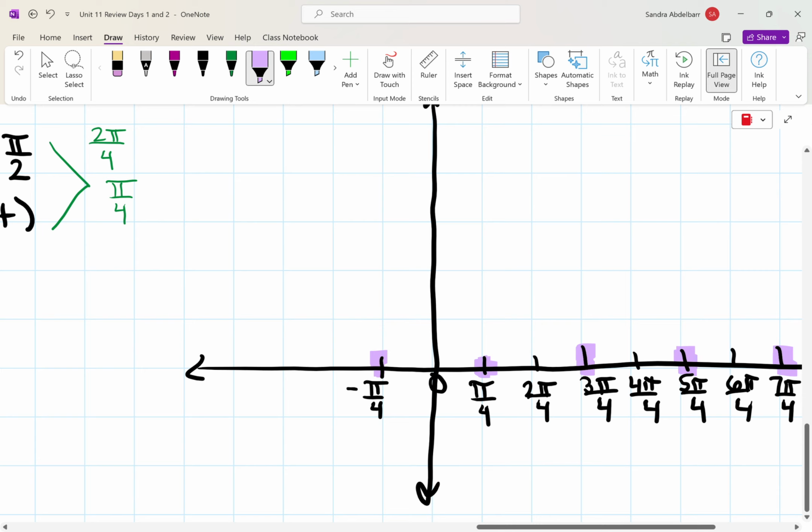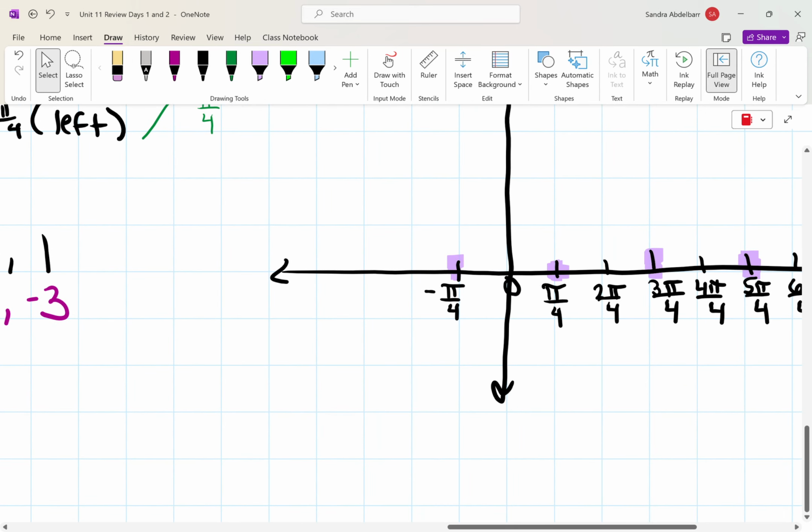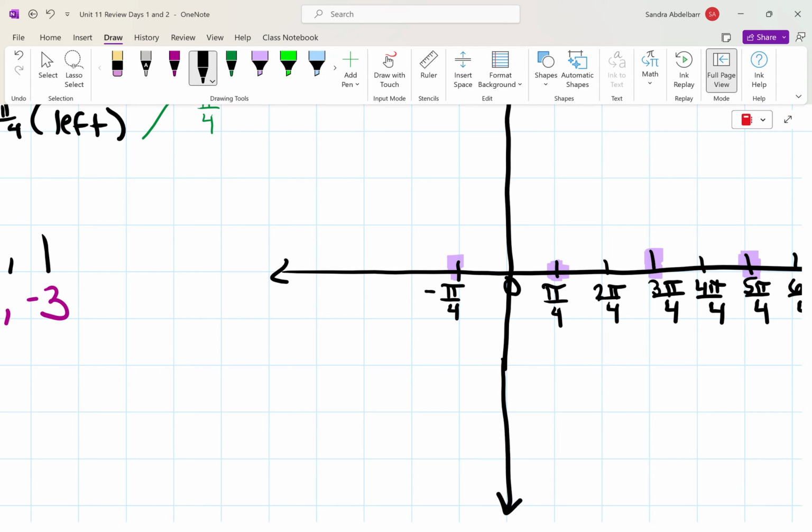All right, now what we do is we match up our y coordinates to our corresponding x coordinates. So we had our special numbers that we got. So the first one was negative 3. So it's going to be negative pi over 4, negative 3. There's our first point.